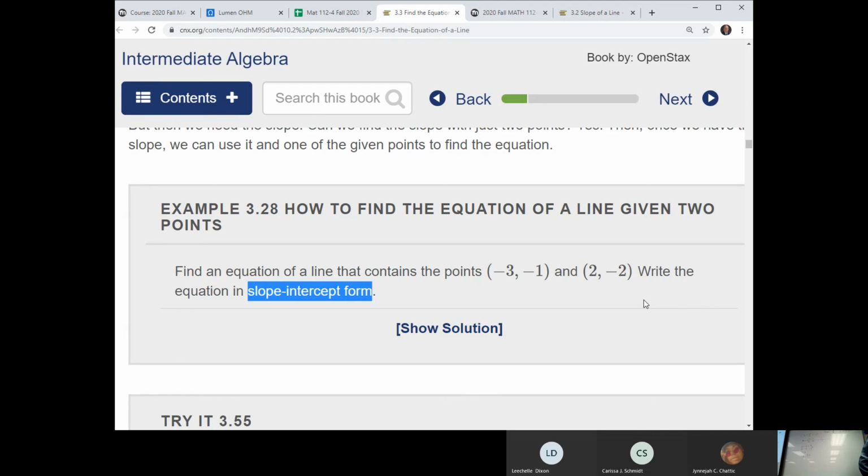Let me try again. y equals negative 1x plus b. I have to figure out what b is now. But the slope: negative 1, and 2 minus negative 3, isn't that a 5?